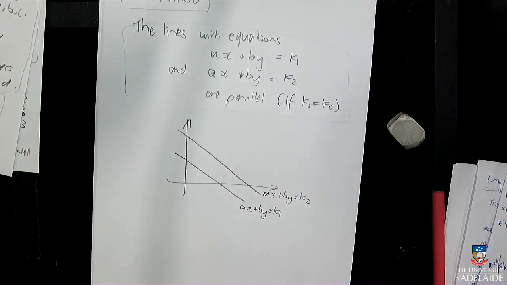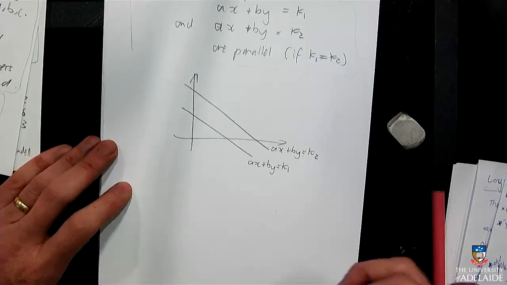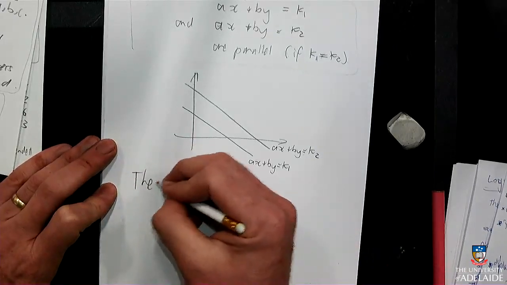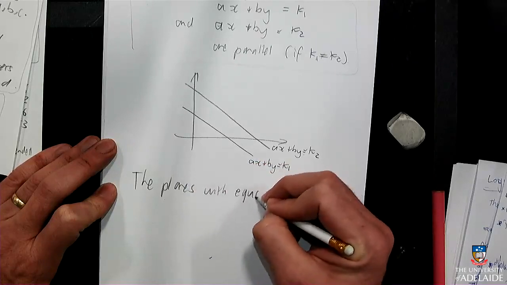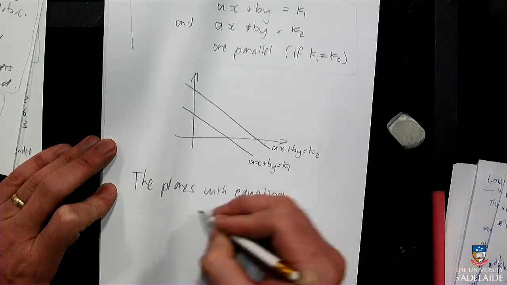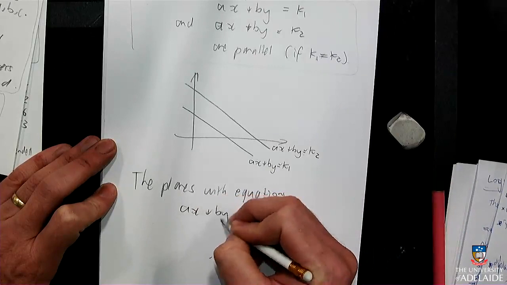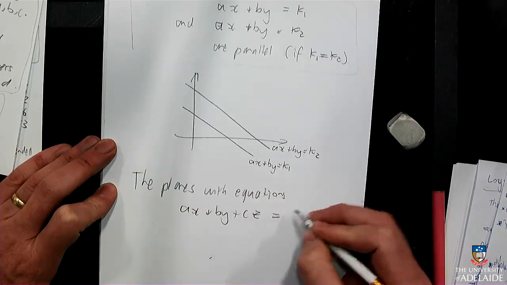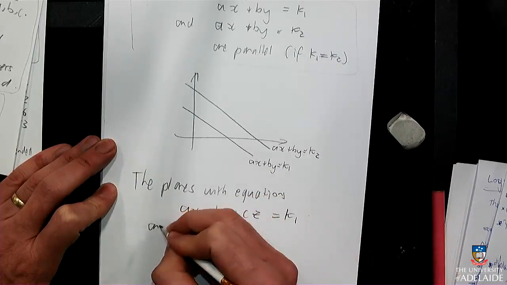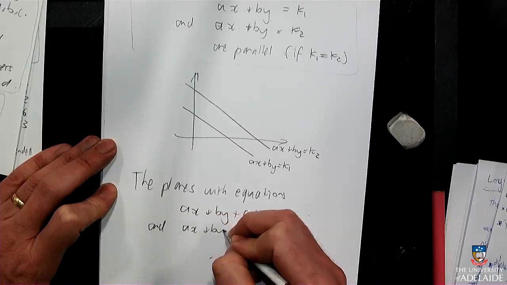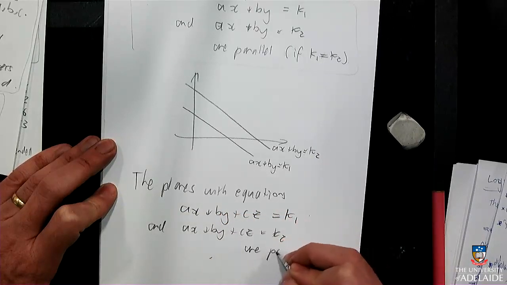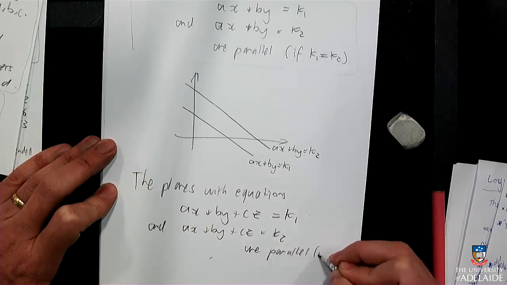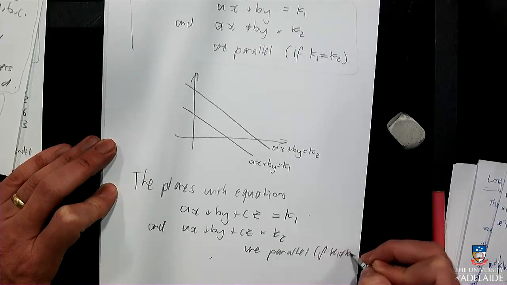It also works for planes. ax plus by plus cz equals k1 and ax plus by plus cz equals k2 are parallel if k1 is not equal to k2.